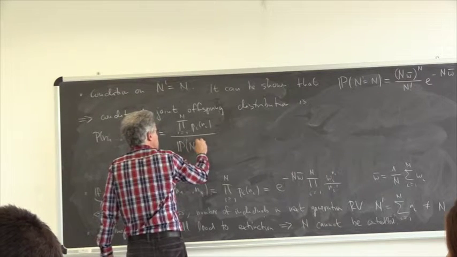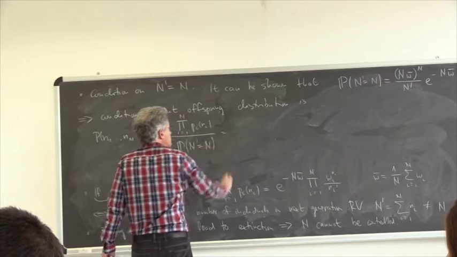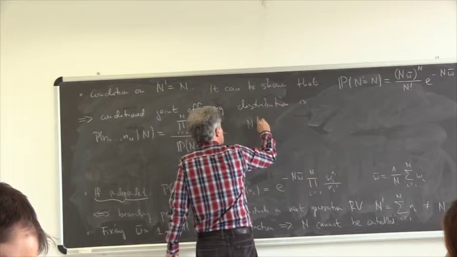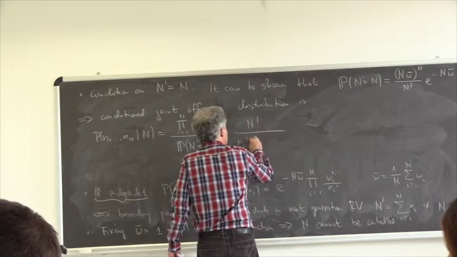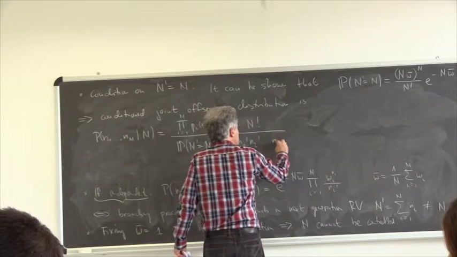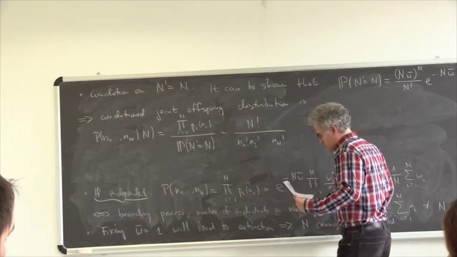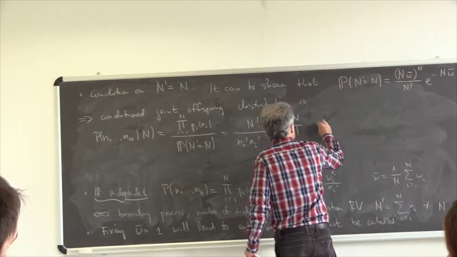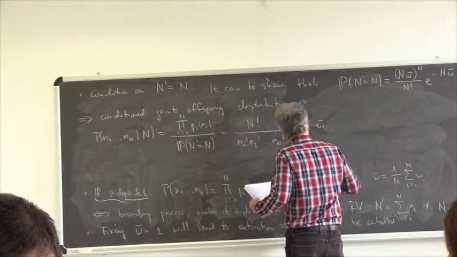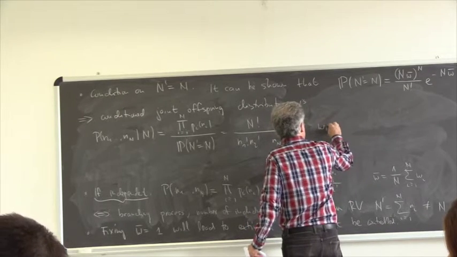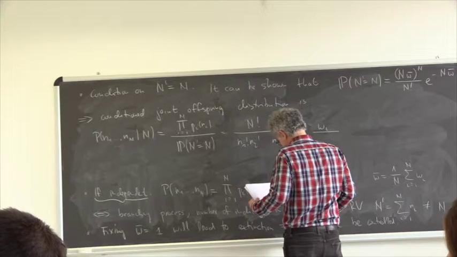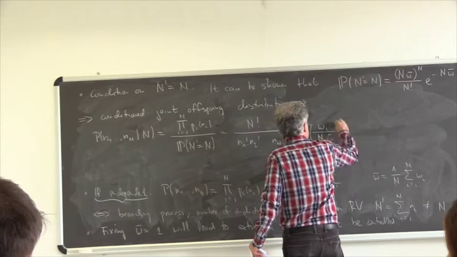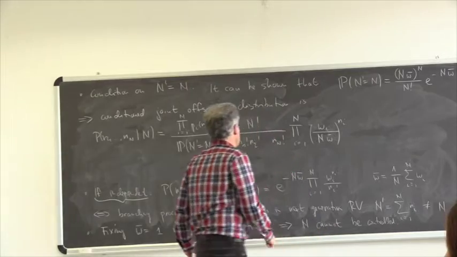When you put these things together, what you find is a kind of multinomial coefficient times the product. So this is what comes out.